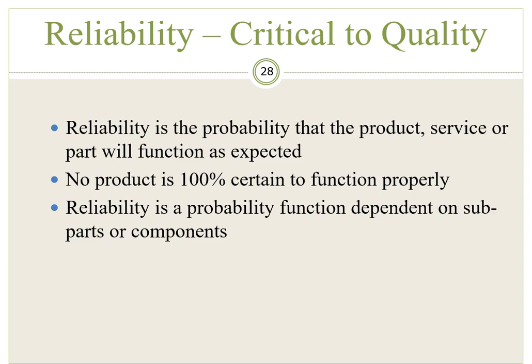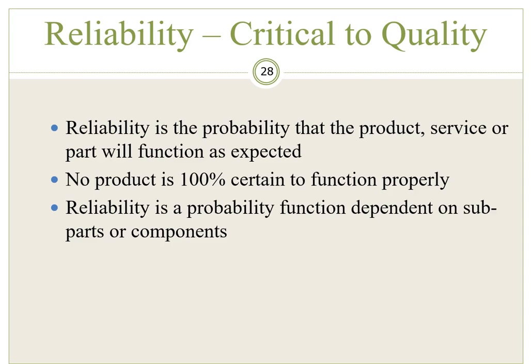The reliability of a product is a direct function of the reliability of its component parts. In other words, a product is only as reliable as what it's built out of. If you have faulty mechanisms inside of a watch, that watch is not going to work properly and it's not going to last long.